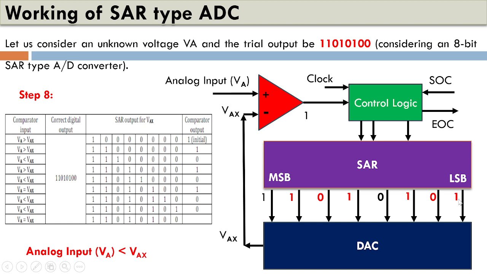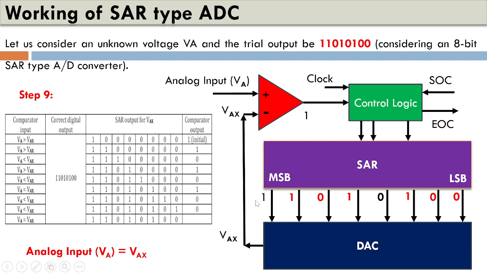When we do that, again this has gone greater than the trial output. Now as per the procedure, we will reset this, and this ends the comparison state, as we have compared all the 8 bits of the SAR.